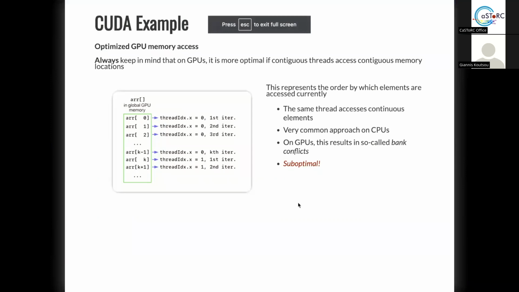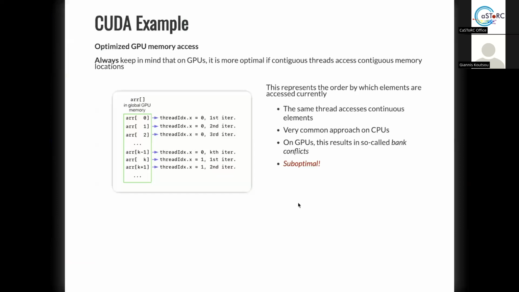And although I won't explain the details about the memory layout of the GPU, sort of the key takeaway from this part of this hands-on exercise, or basically from the whole hands-on exercise, is that what you want to do on the GPU is not this.